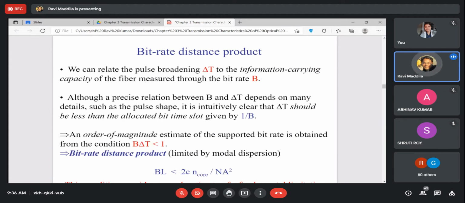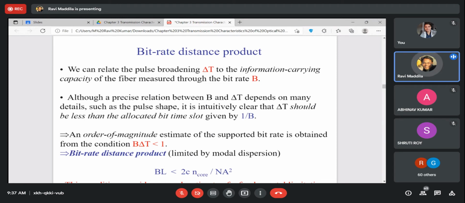The bitrate distance product is a very important parameter, which is usually very popularly checked from a commercial point of view.